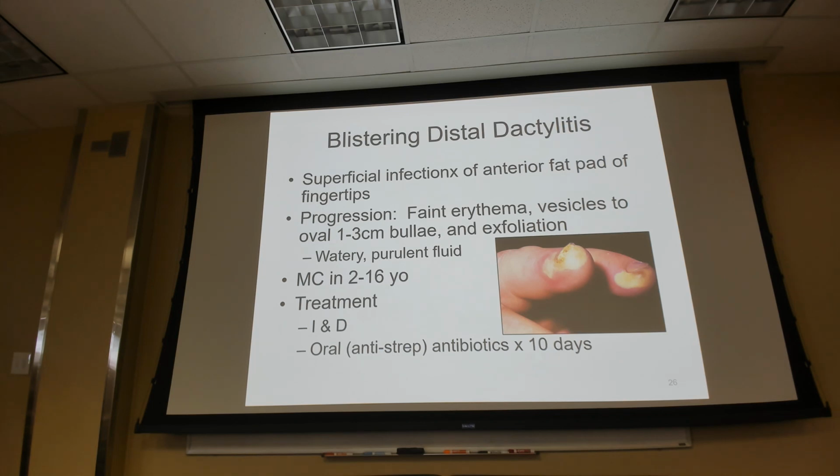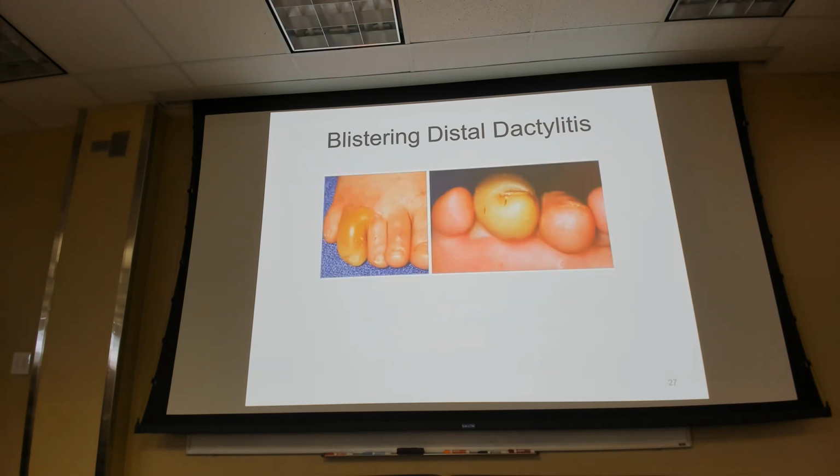Treatment, I&D. If we were to give some of the anti-strep antibiotics, we'll do that for 10 days. And that's what they look like. Definitely you all can see that an I&D would be needed here because we have to relieve all of the pressure that is inside of there and remove all of the infectious fluid that is inside.